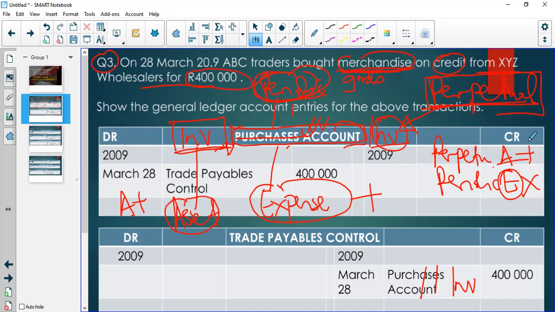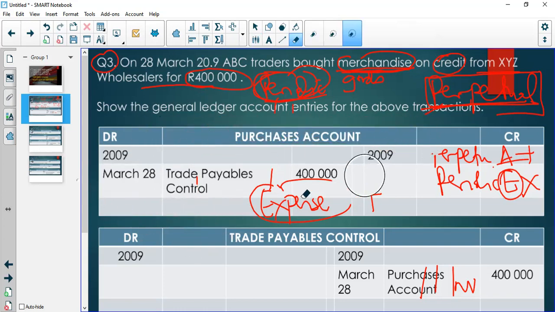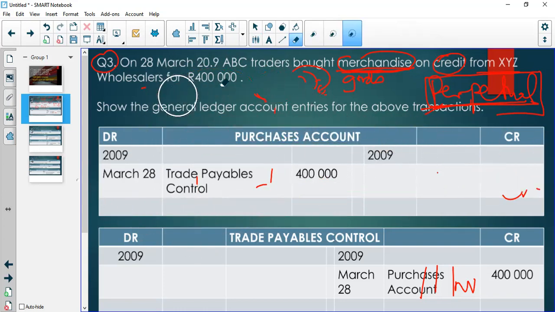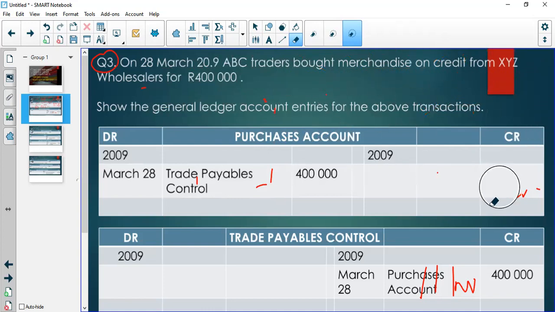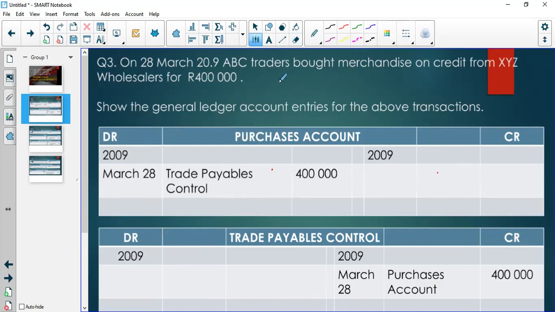But in this case, like I said, they did not specify. So where they don't specify, we're going to assume it's inventory. So we're going to debit the inventory account. My apologies there because I put in purchases. It's probably because I tried to do some editing. This is a question from a previous assessment, so I probably edited some. I do not remember.